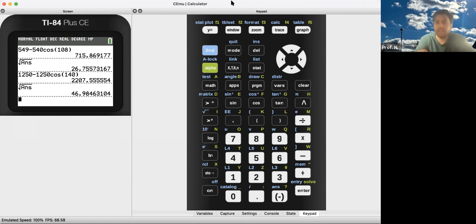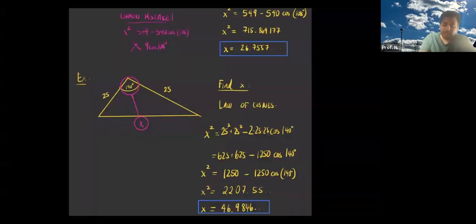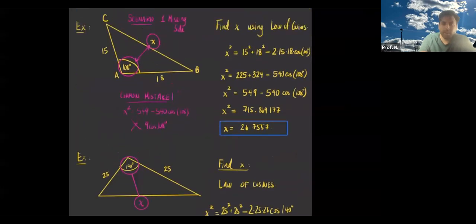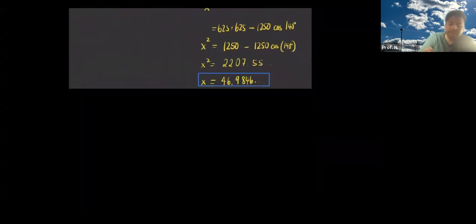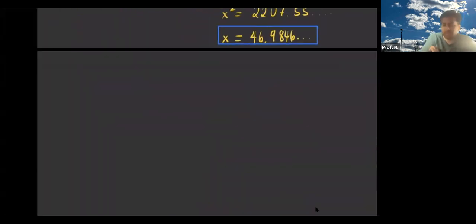And that's how you set up the law of cosines. So again, the hardest part of the law of cosines is setting it up. But this is only the scenario where you have one missing side, and we have another scenario when we have the missing angle. And that's the harder version of this, okay?